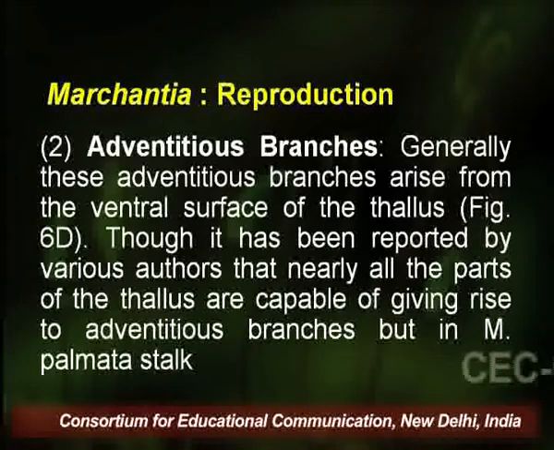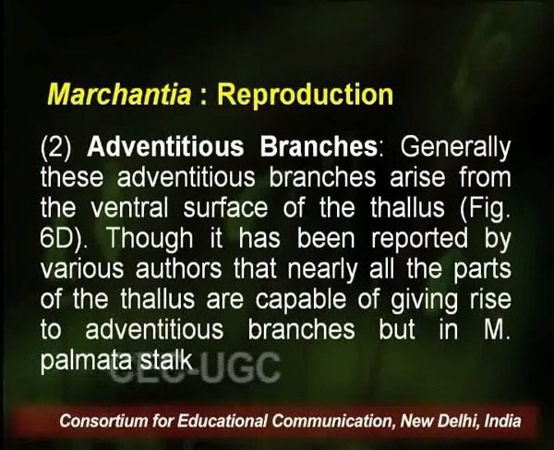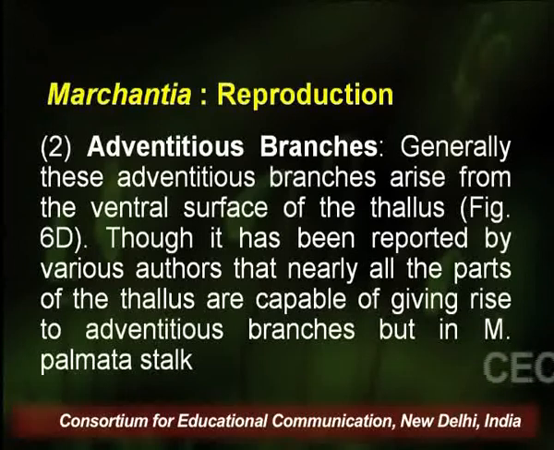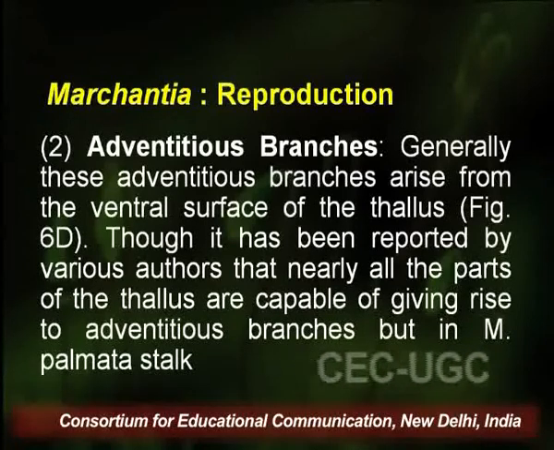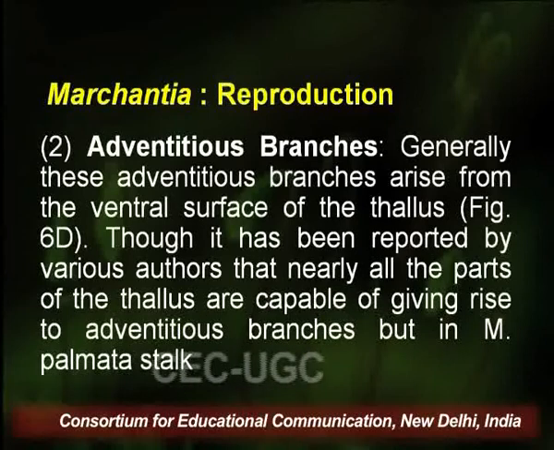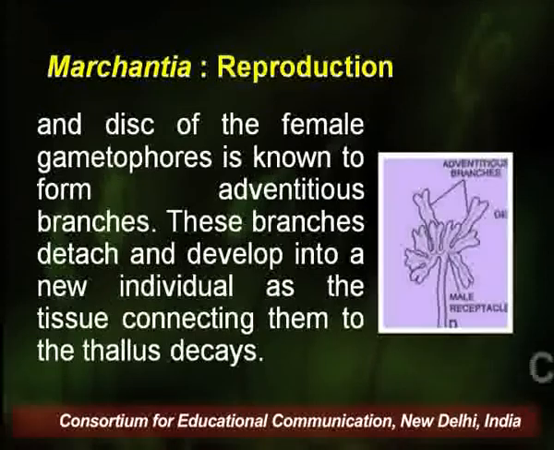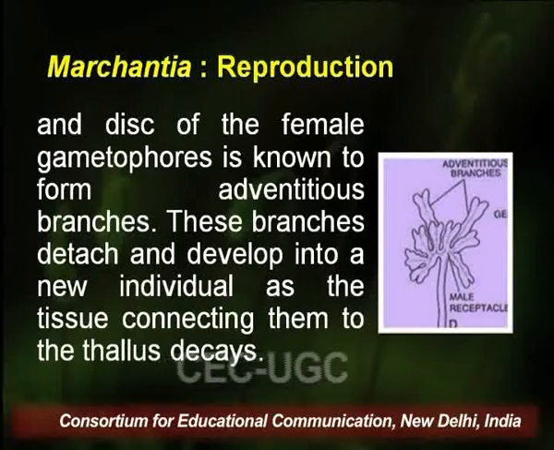The second vegetative mode of reproduction in Marchantia is with the help of adventitious branches. Generally, these adventitious branches arise from the ventral surface of the thallus, though it has been reported by various authors that nearly all parts of the thallus are capable of giving rise to adventitious branches, but in the case of Marchantia palmata, the stalk and disc of the female gametophore are known to form adventitious branches.